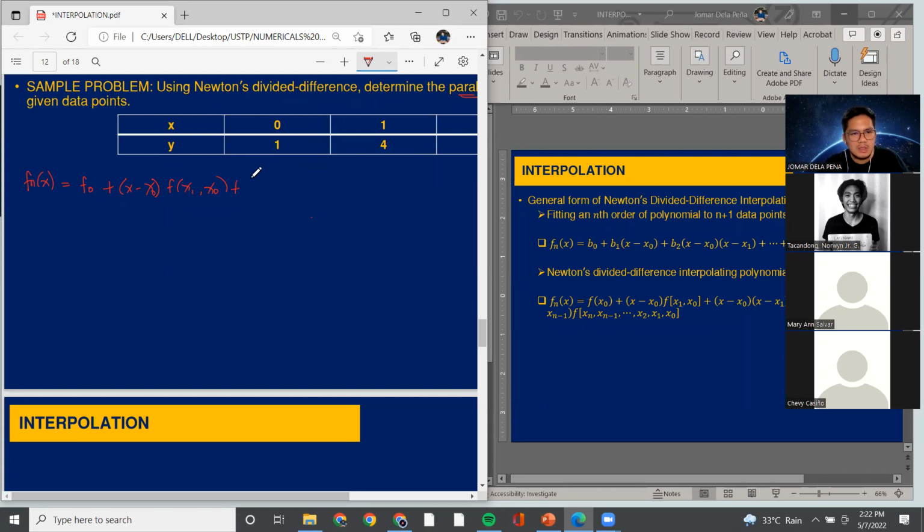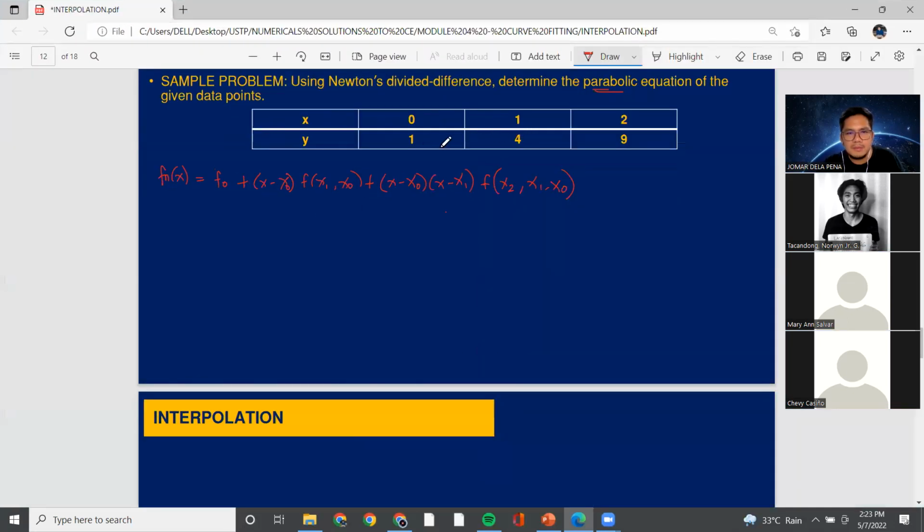The next, follow lang natong pattern, no? X minus x sub o, then we have x minus x sub 1 and times function of, no? Gikan man ta diri sa x sub 1. So next is x sub 2, x sub 1 and x sub o. This is x sub o, x sub 1, x sub 2.